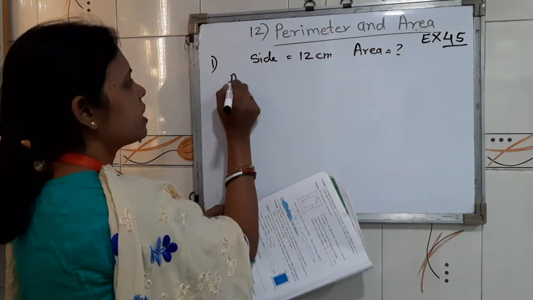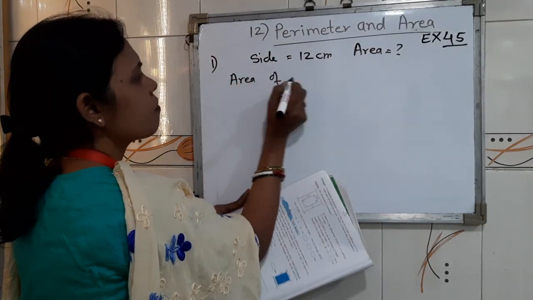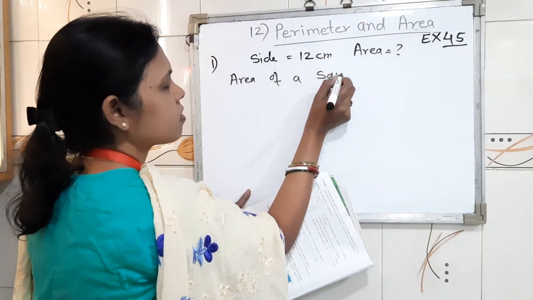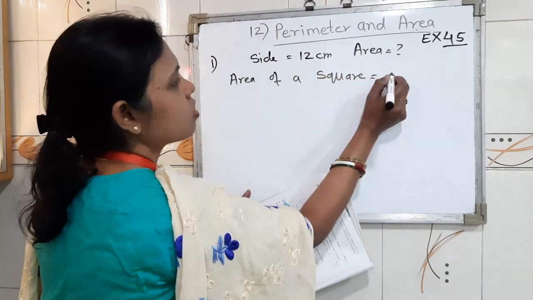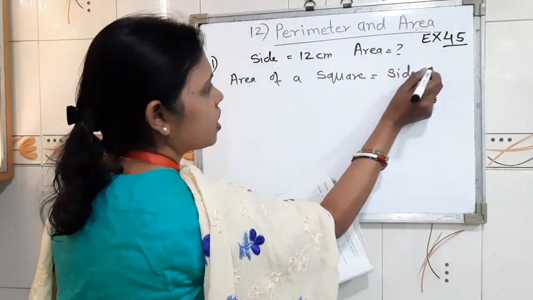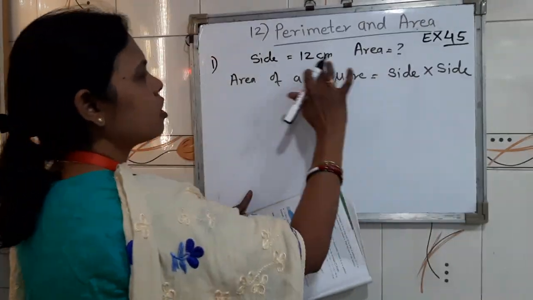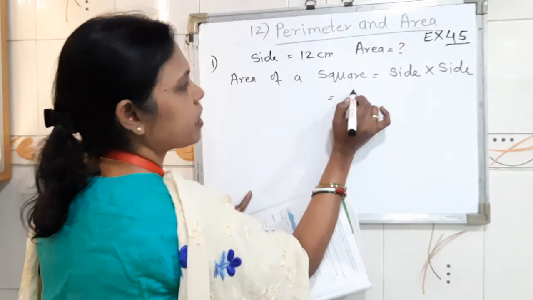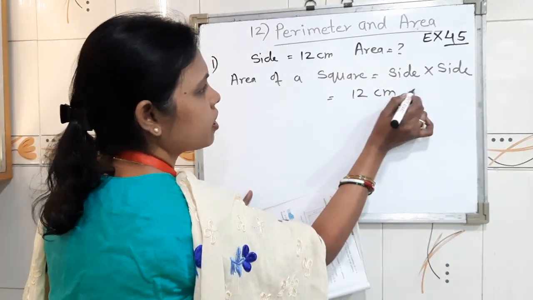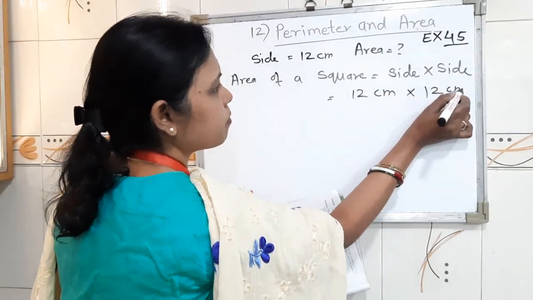Therefore, area of a square equal to side into side. So side we know that 12 centimeter. That's why 12 centimeter into 12 centimeter.